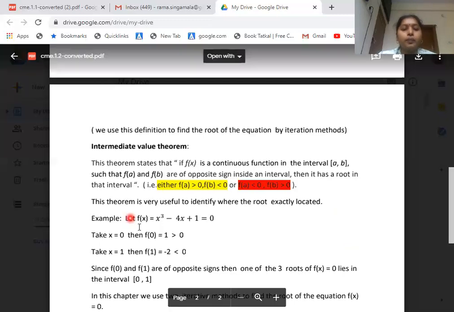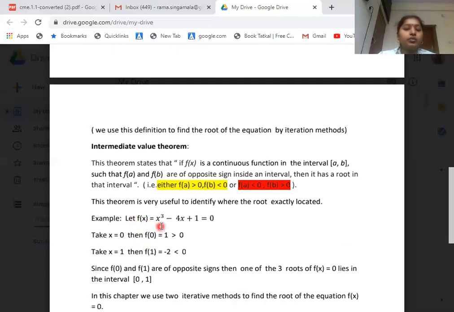For example, let f(x) = x^3 - 4x + 1 = 0 be the given equation. And it is very clear that its degree is 3. It is a third degree polynomial equation. Moreover, it is said to be algebraic equation. And we all know that it will have 3 roots. All the 3 roots cannot be obtained at one step by using numerical methods.